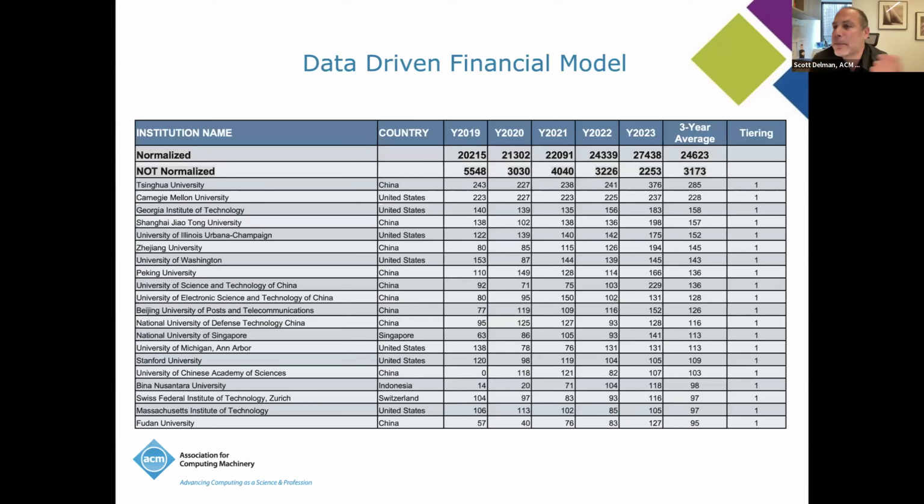And so you can look, for example, at Tsinghua University. Tsinghua published 376 articles in 2023, where the corresponding author was affiliated with Tsinghua University. They actually published more like 500 articles, where you look at secondary authors. But we're focused with the model just on corresponding authors, so we can assign one paper to one institution for simplicity's sake.